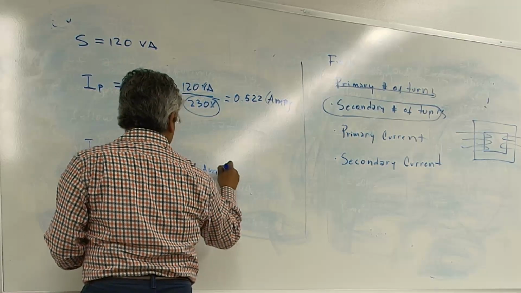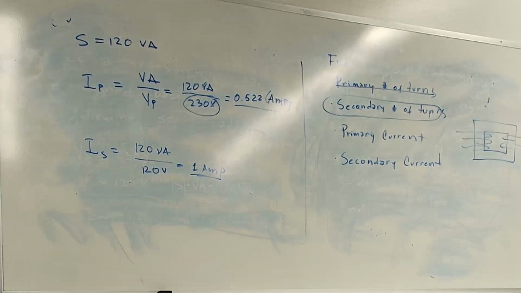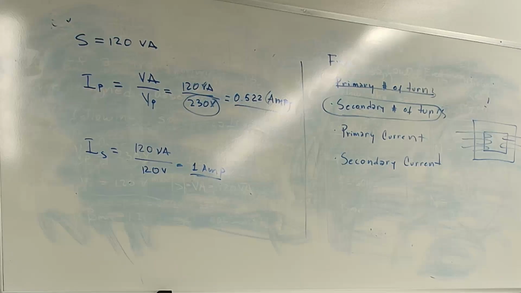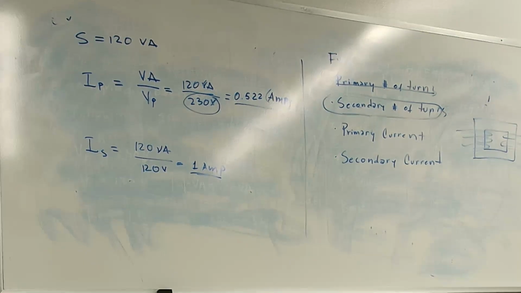Now, let me ask this question, everybody. Which one needs a thicker wire and which one needs a thinner wire? The secondary needs a thicker wire. Remember we were talking about that? When I showed you the transformer, the insulators, I said the separation between them, because you want to maintain a distance between the two potentials.